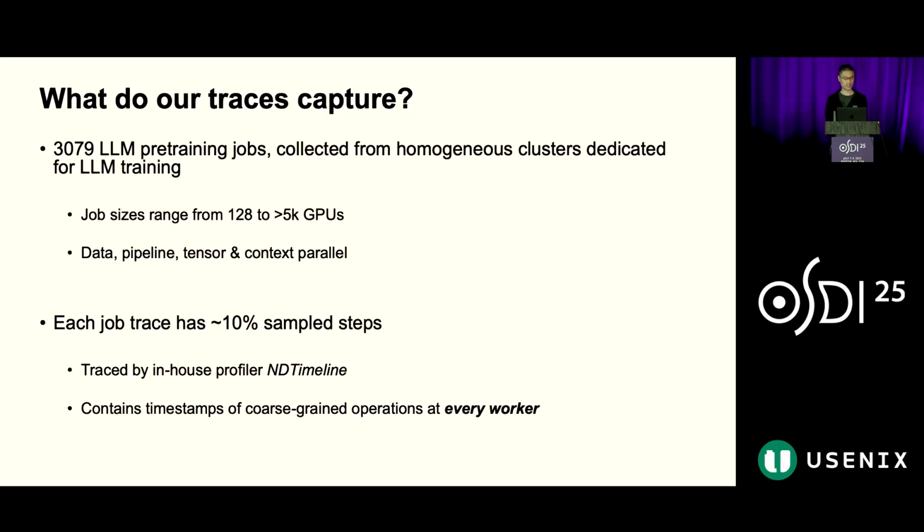Each job trace has around 10% of the training steps sampled. And each sampled step was traced by our in-house profiler called NDTimeline. And the record of the trace contains timestamps of coarse-grained operations at every worker.